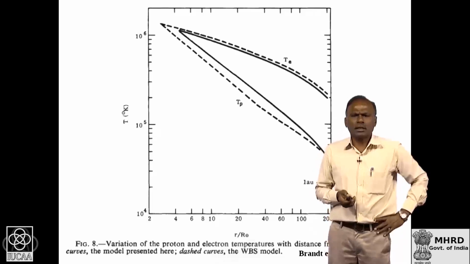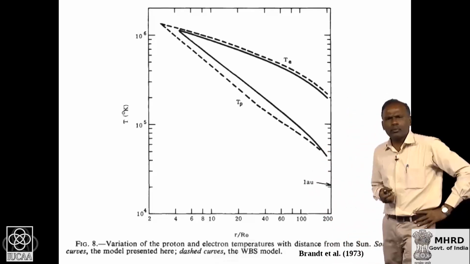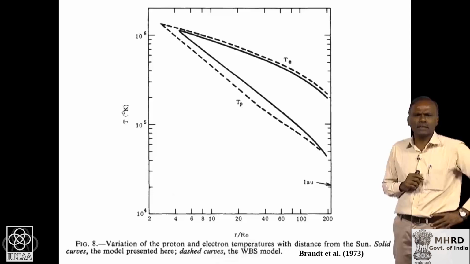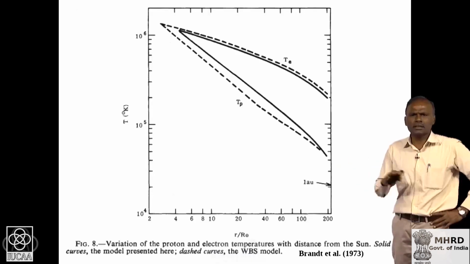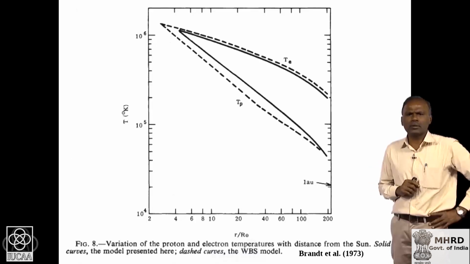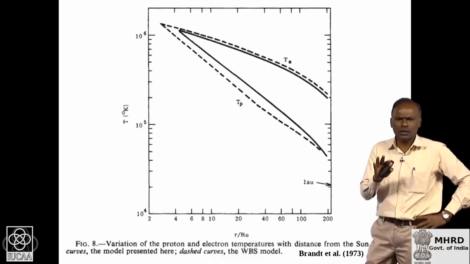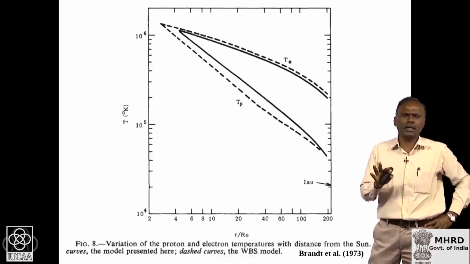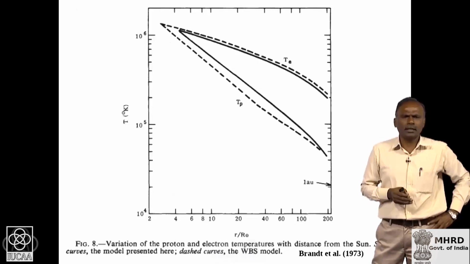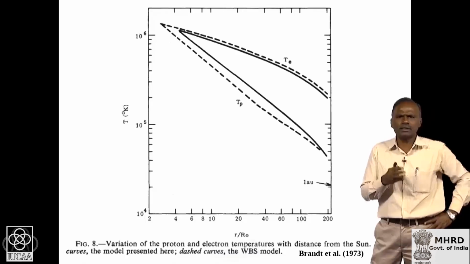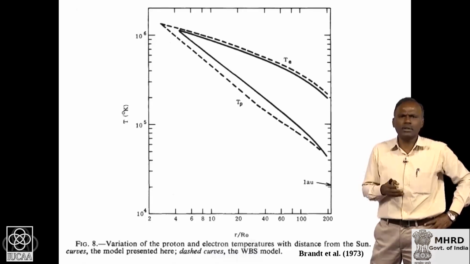So, this plot shows, on the x-axis, the solar offset, which goes from the near sun region to something like 1 AU. So 214 solar radii is 1 AU, and it goes up to about 1 AU. On the vertical axis, we have temperature.